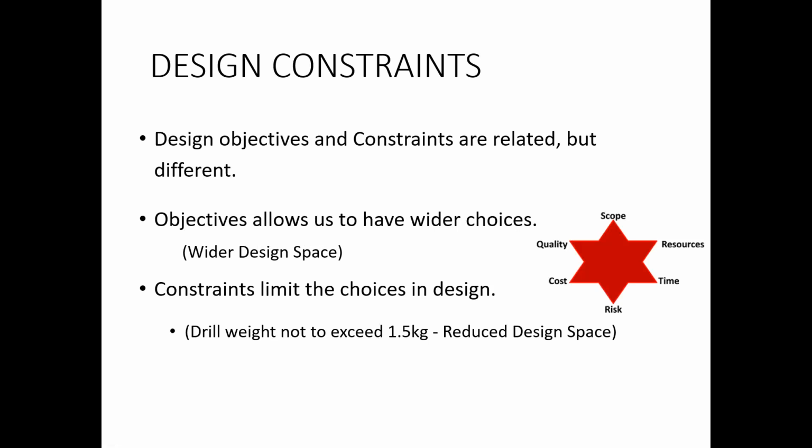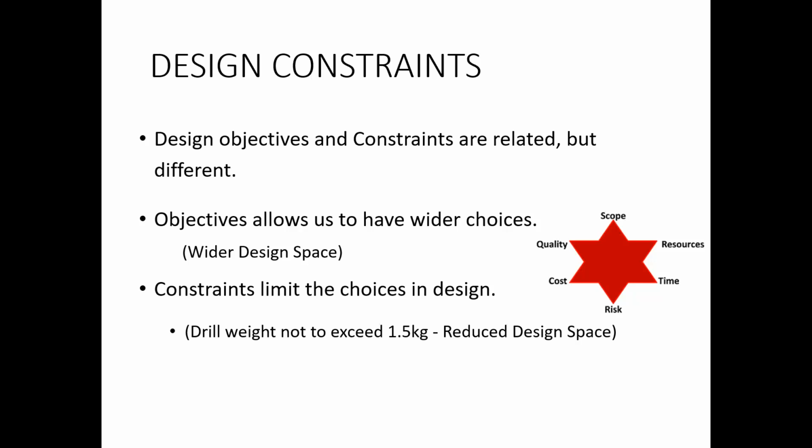Now what is the relation between design objective and constraints? Design objectives actually give us a wide variety of choice, whereas constraints are just the opposite. They will limit the design, limit the choices in the design.